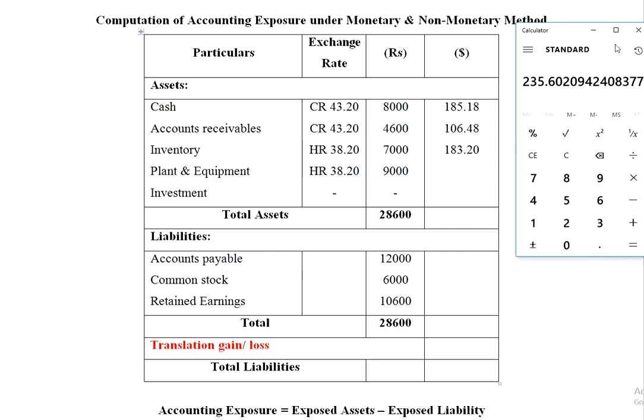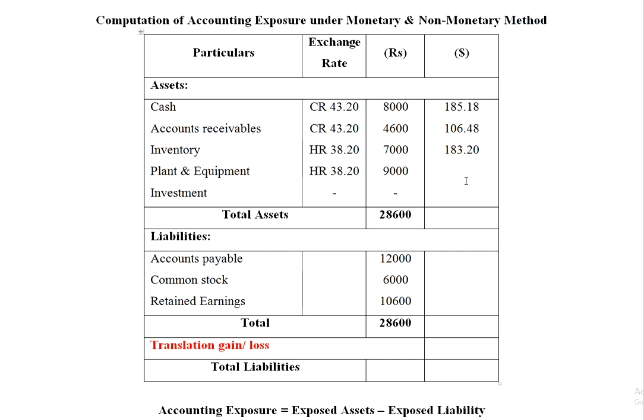It is 235.60. So add all these four items, you are going to get a value of 710.51. I want this value to be in total liabilities because this is the total assets.